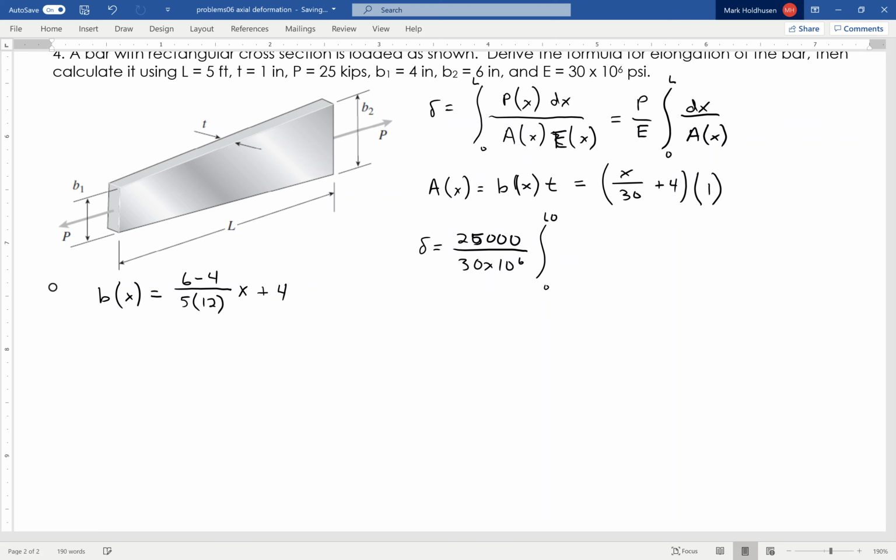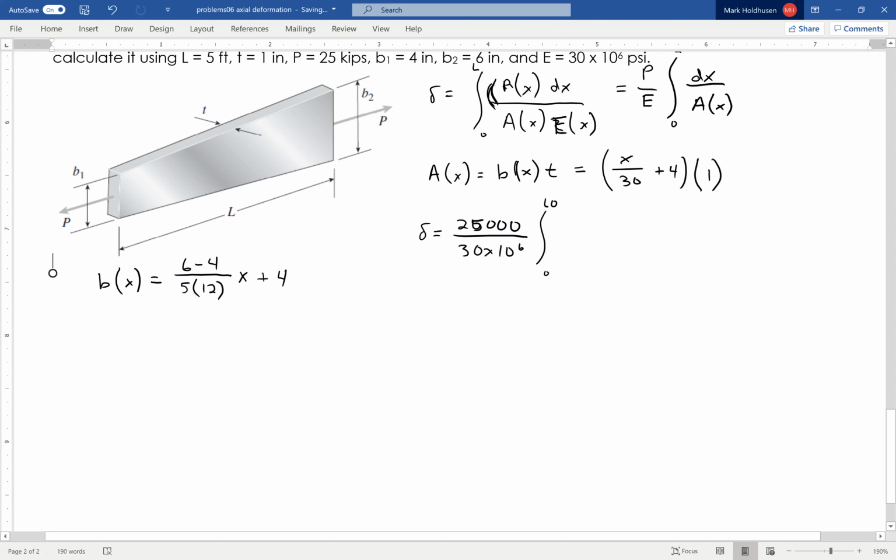I want everything in pounds and inches, so I go 0 to 60, and then that's going to be x over 30 plus 4 times 1, all over, dx. I will let you do that integral on your own.